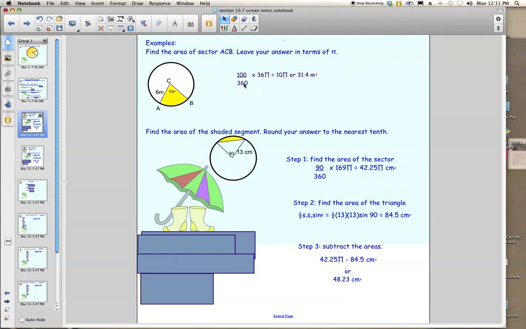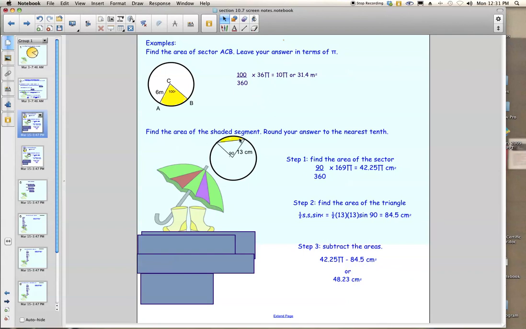So 100 divided by 360 gives us our percent, and then times 36 pi. Our exact answer, leaving that in exact terms, would be 10 pi, or if it asked us to round it to the nearest tenth, we would take 10 times pi and get 31.4 square meters. That's how you use the formula for finding the area of a sector.